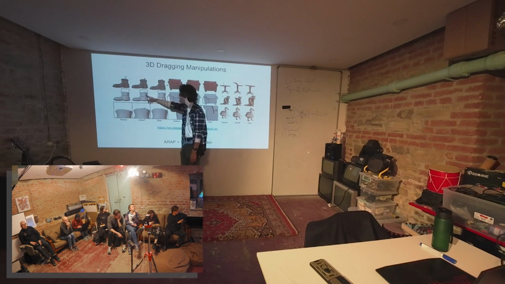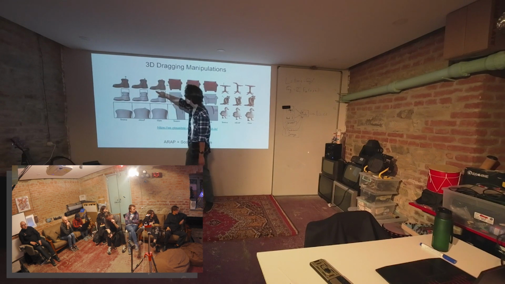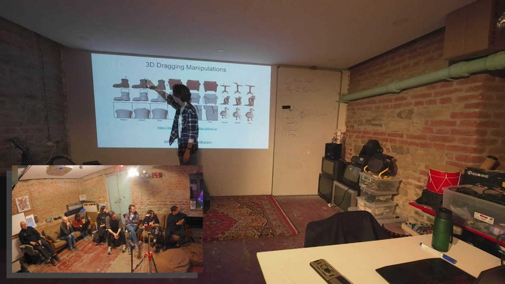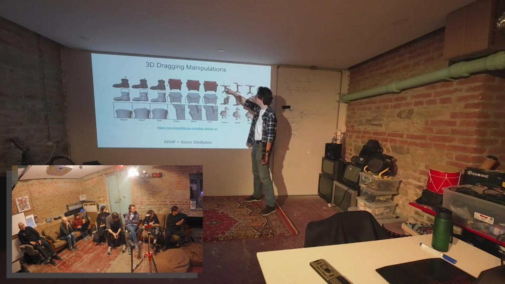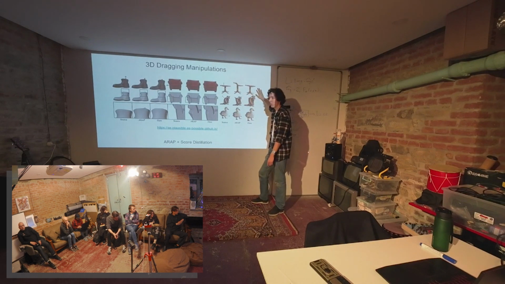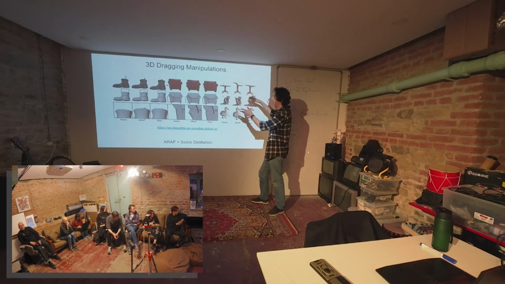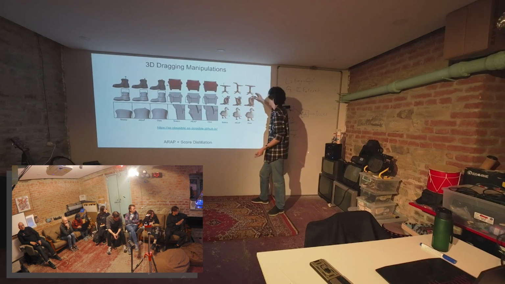But using Stable Diffusion, with the same idea of asking it to make it look more like a boot, it will follow this constraint. We can move this point here, but it can also make it look more natural. We can drag this point, and it will make this smooth dragging, but it will look like this. If we add Stable Diffusion on top, the same process of making every render look more like a real image, then it will do this.